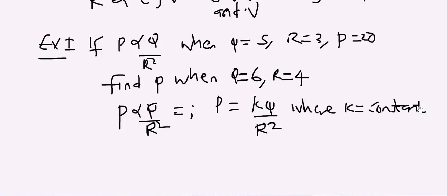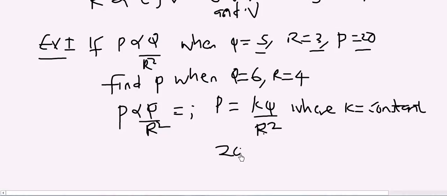So having written that, we find the relationship between the variables, that's p, q, and r. To do that, we are told that when q is 5, r is 3, and p is 20, we simply substitute the values into this equation so that we have p as 20.